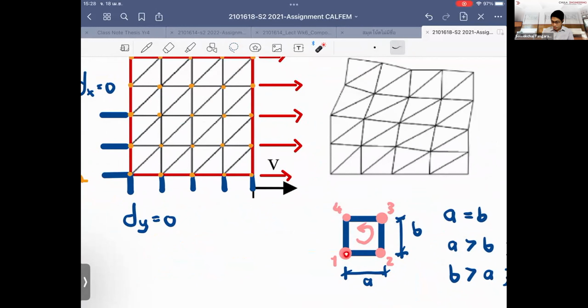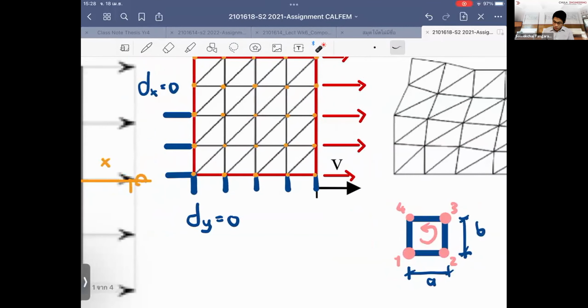I start from node 1, go to node 2, node 3, 4, and finish at 1, right? So I close up the node. What the program needs to know is where you start the node, and how you rotate them for the 4 nodes. The last one, you don't need to tell, they will close up for you automatically, right?